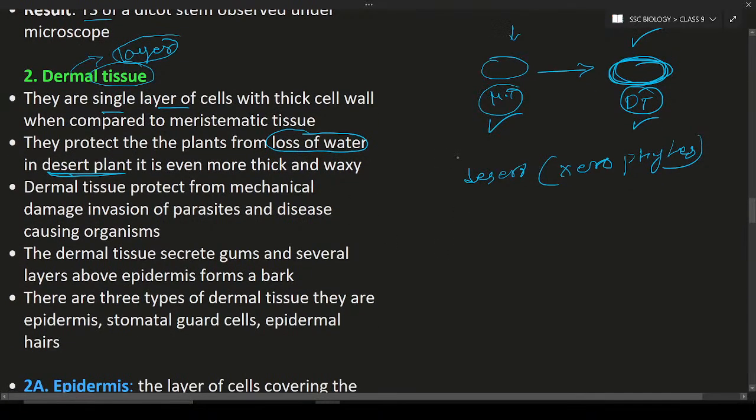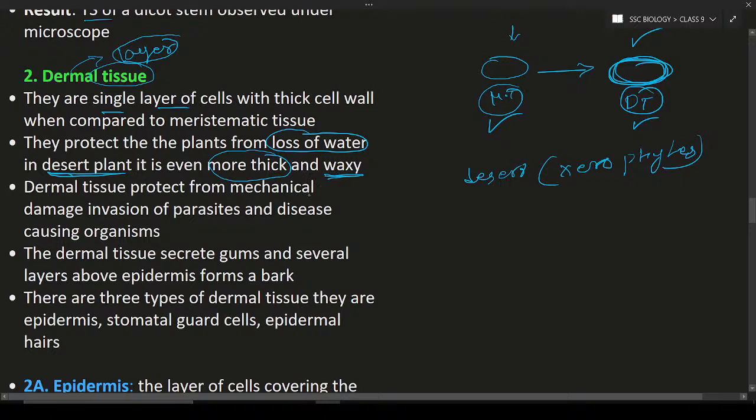In these xerophytic plants, the dermal tissue is thicker, and it is waxy. Waxy means they have a waxy coating on it. As a result, the dermal tissue is important in this way.